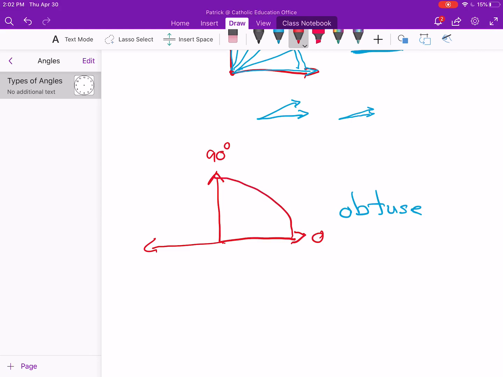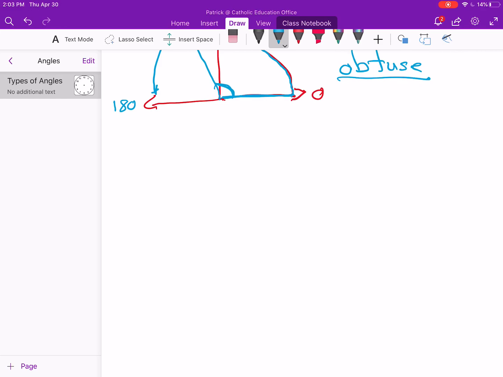So it's turned up to 90, and then it's rotated anything past 90, so if it's anywhere in here, so let's say to here, so it started right on 0, 5, 10, 15, 20, 25, 30, up to 90, and went past 90 to here. This angle right here would be an obtuse angle. So anywhere from here down to here is called an obtuse angle. And this is the 180, remember?